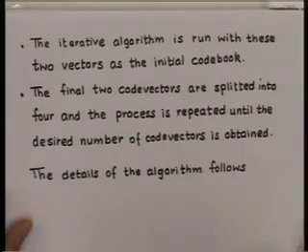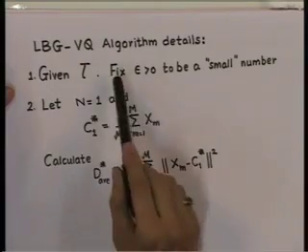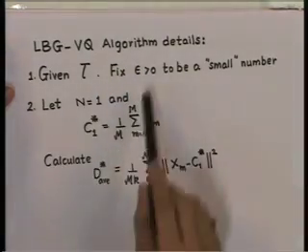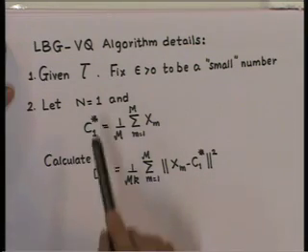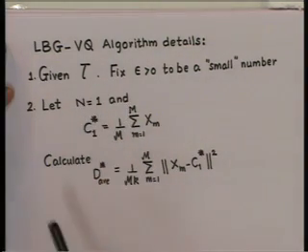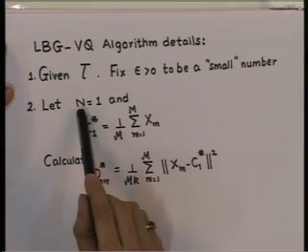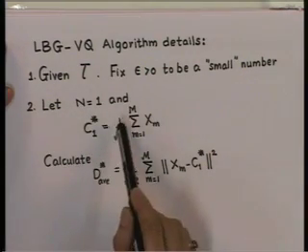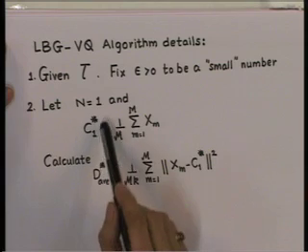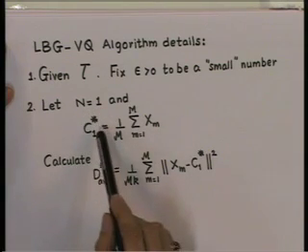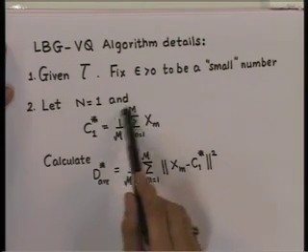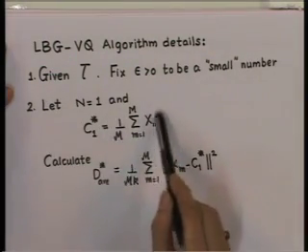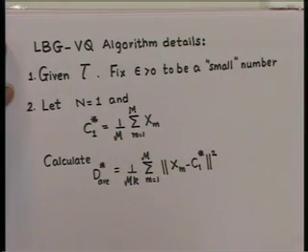Now, the details of the algorithm follow. We have been given the training sequence. We fix an epsilon, which is greater than 0, to be a small number. To start with, let us assume that the code book size is 1. So, we set n equal to 1, and for this code book the only optimal code vector, which is denoted by C1 star, is obtained by the average of the complete training set.